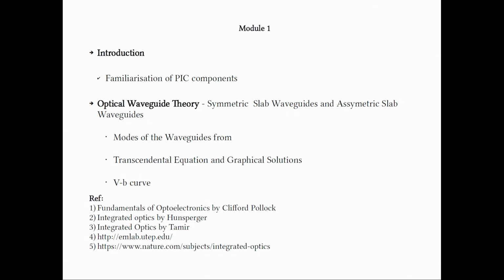We indicated that the optical waveguide theory studied in symmetric and slab waveguides is useful in many ways. In particular it is useful to design the channel waveguides. Then of course it is also useful to study the effect of fabrication and its relationship with the design, and so on and so forth. There are several general books mentioned about the integrated optics here.